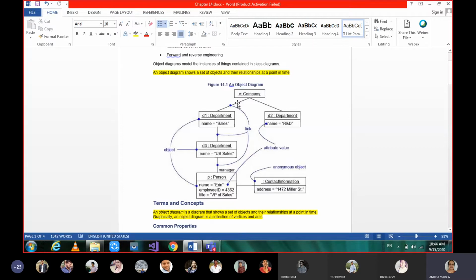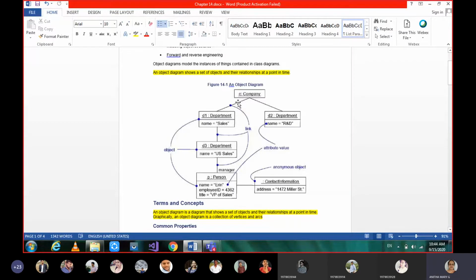Okay, so that's how we first consider the instances of classes, and then the connection or the relationship between the objects, we call it a link. If you remember, in the class diagram, if company is a class and department is a class, the relation we might have given as association.